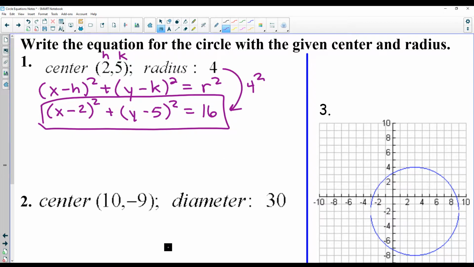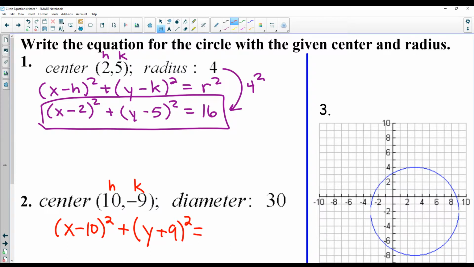Let's do number 2. The center is at 10, negative 9. So that means that this is your x movement, so that's h, this is k. So a plus 10 turns into a minus when you put it in the equation. Notice this is always plus in between the two groups. And the minus 9 becomes plus. Okay?